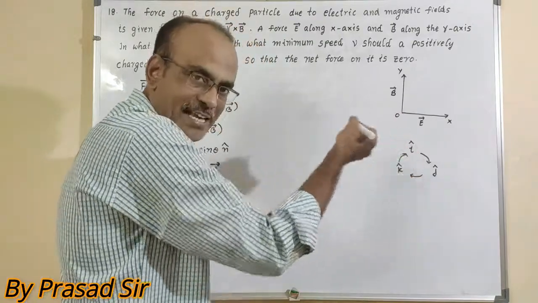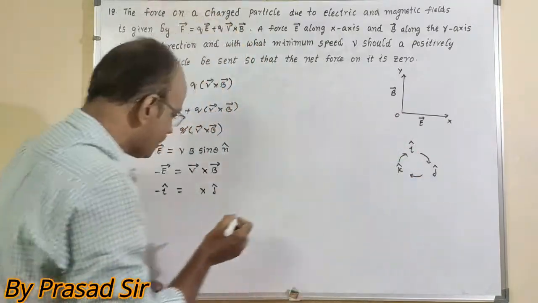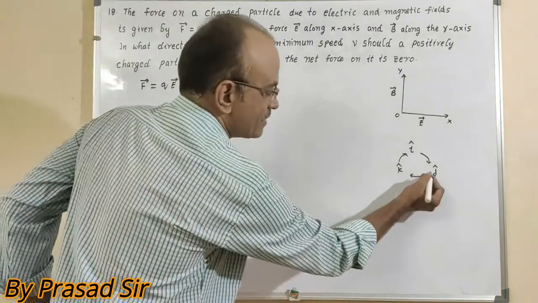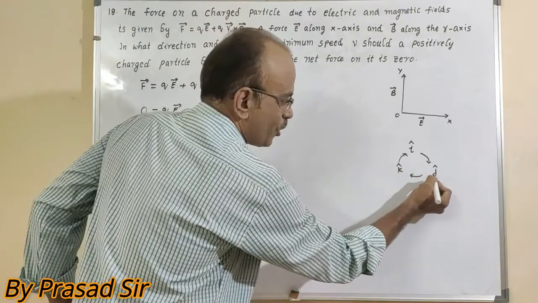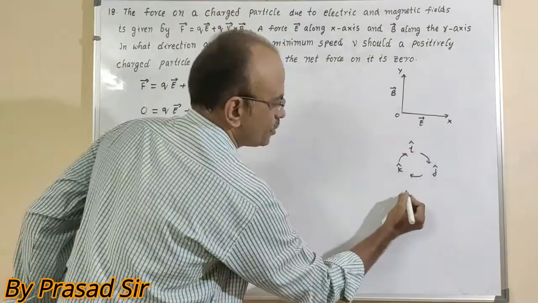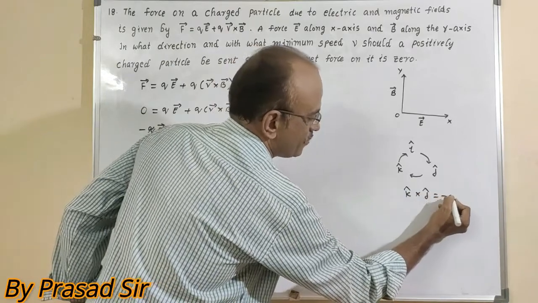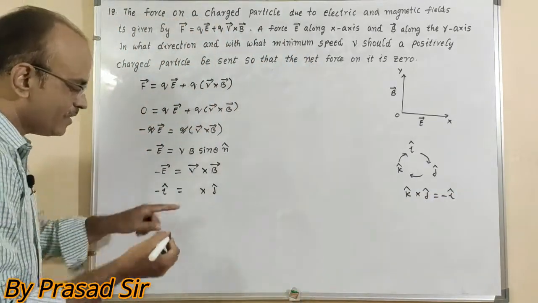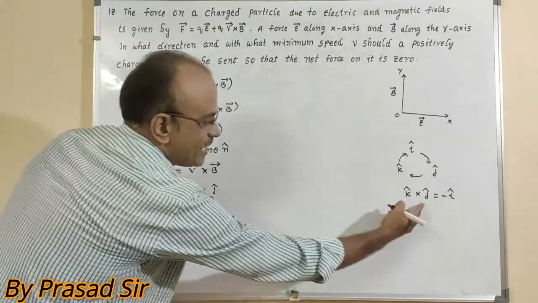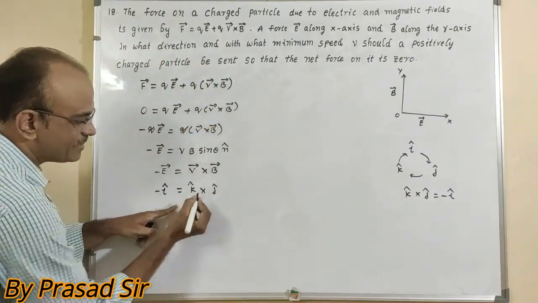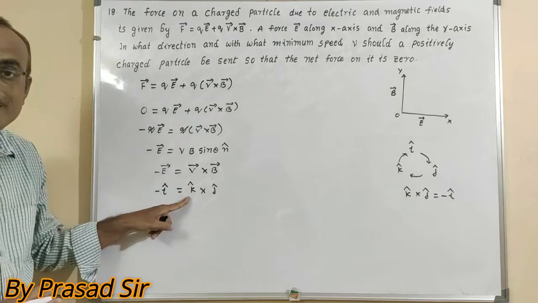When you take them in reverse order, we want to get minus i. So k cross j becomes minus, that means k vector cross j vector is equal to minus i cap. So j vector, j cap, is already here, but which one is remaining? k.